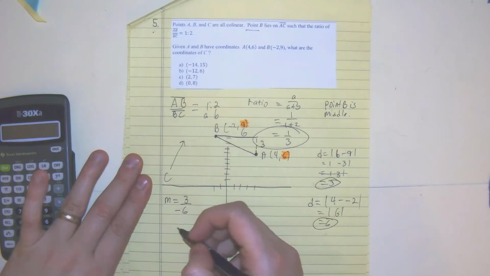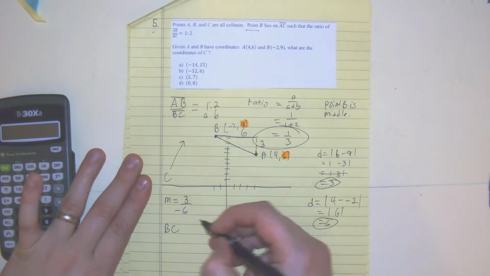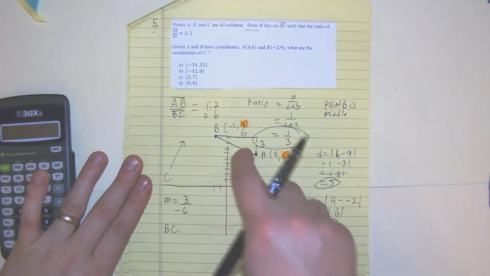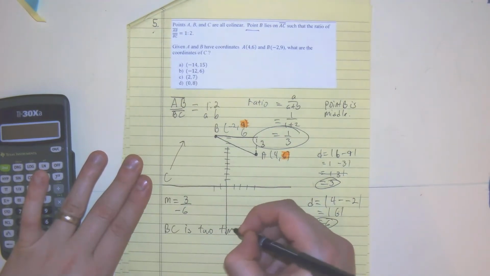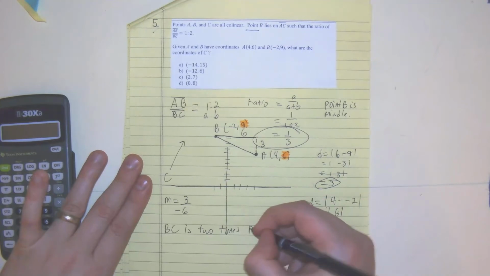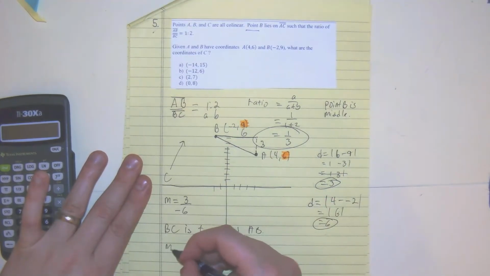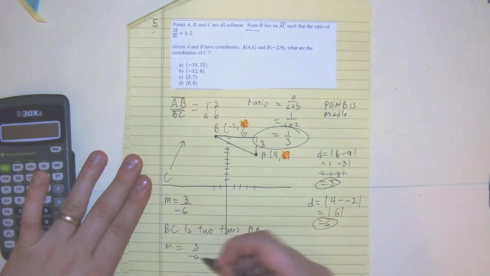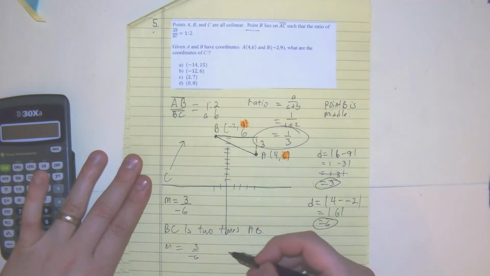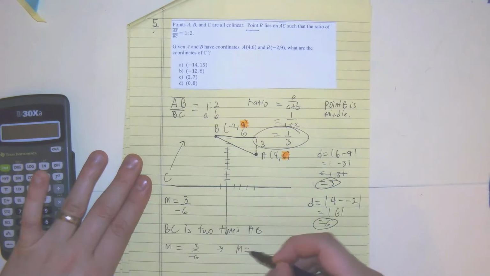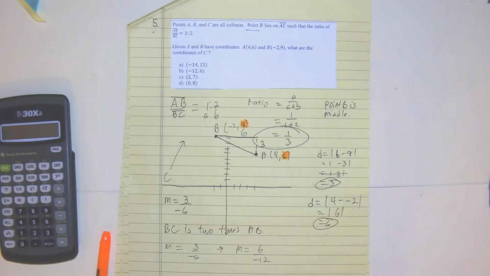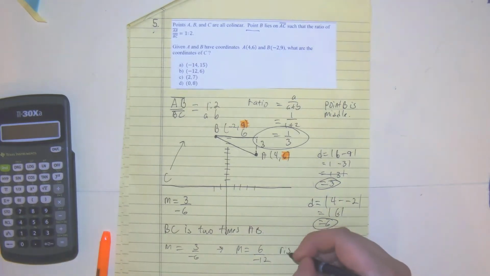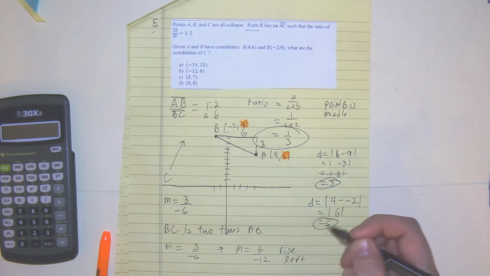That means our slope for BC is, remember, the length of BC, B to C, is 2 times AB. So if we're given a slope of 3 over negative 6, we're going to double that, and we get a slope of 6 over negative 12. So that means we're going to rise up 6. We're going to go left 12.